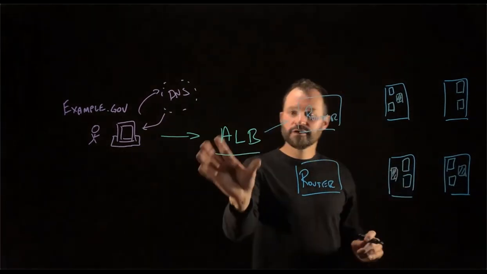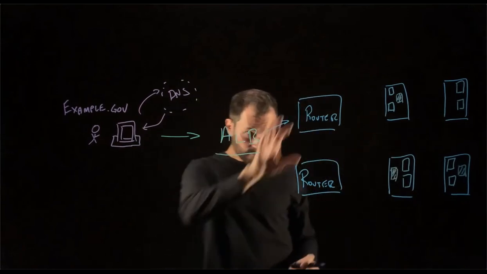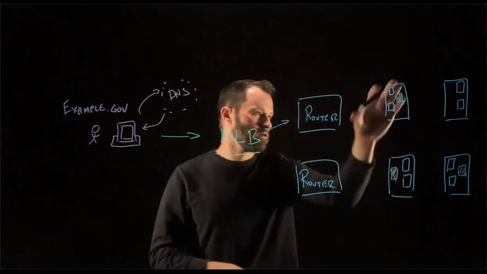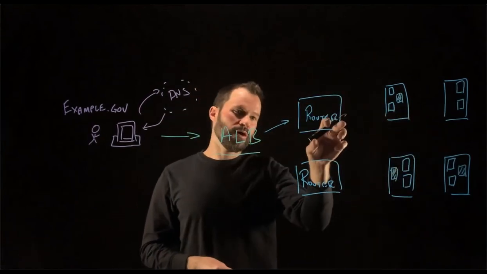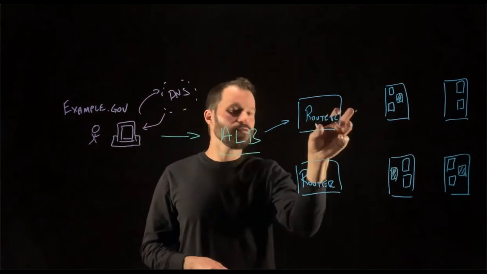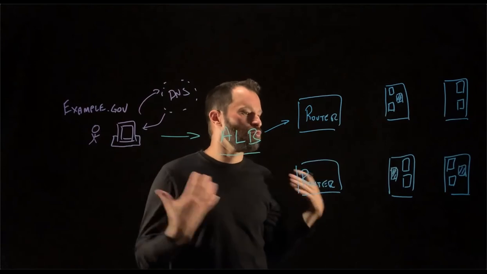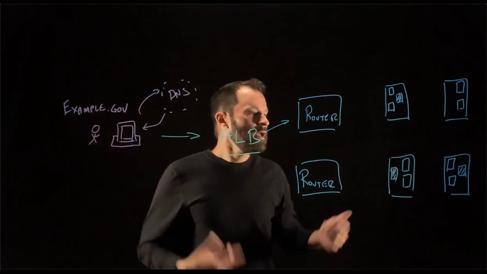Now, just like the application load balancer is load balancing across the routers, the routers are load balancing across your application instances. So your request will get routed to one of the routers. It will do a lookup in its route table to say where are the application instances for example.gov, and it'll pick one.